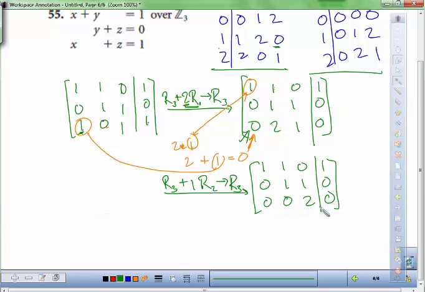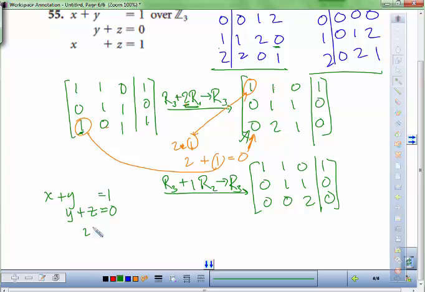I think we are going to get a solution. Well, let's see. Remember, this is a finite field, so something strange is also happening. Let's see, x plus y plus 0z is equal to 1. y plus z is equal to 0.